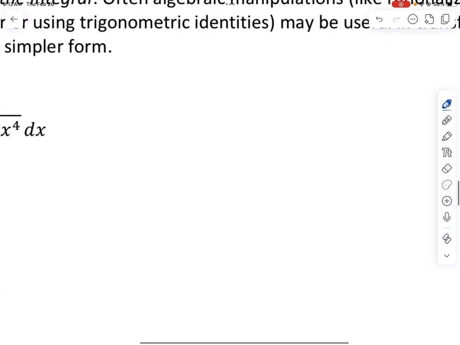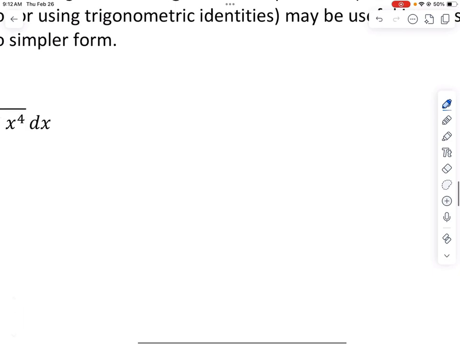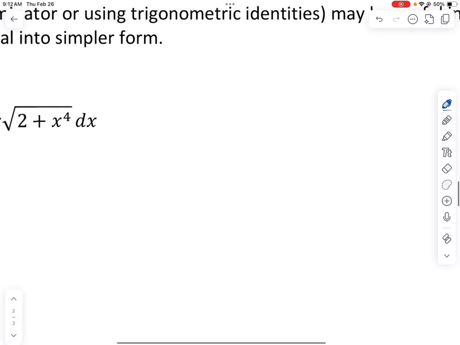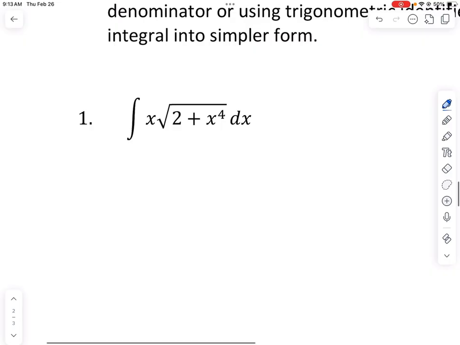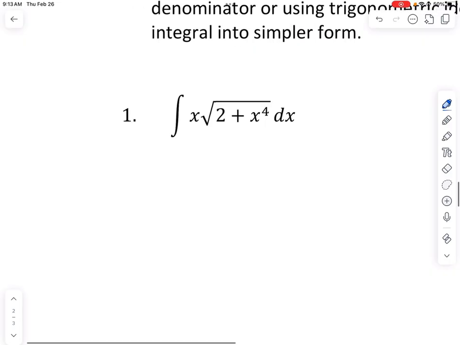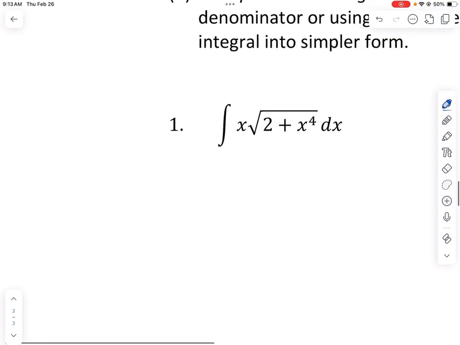We have the integral of x times the square root of 2 plus x to the 4 dx.